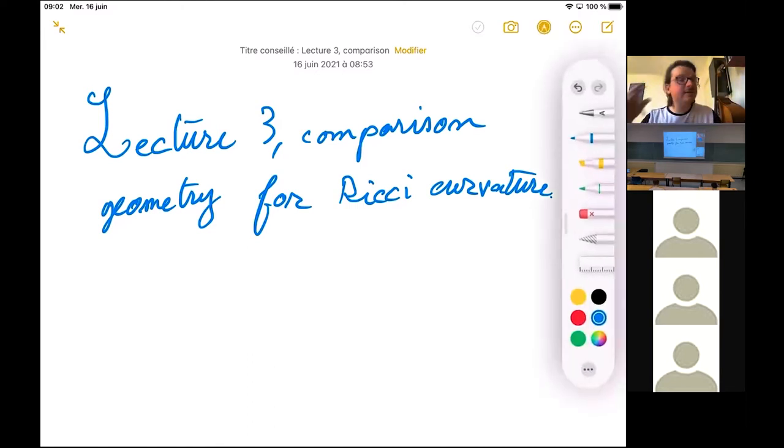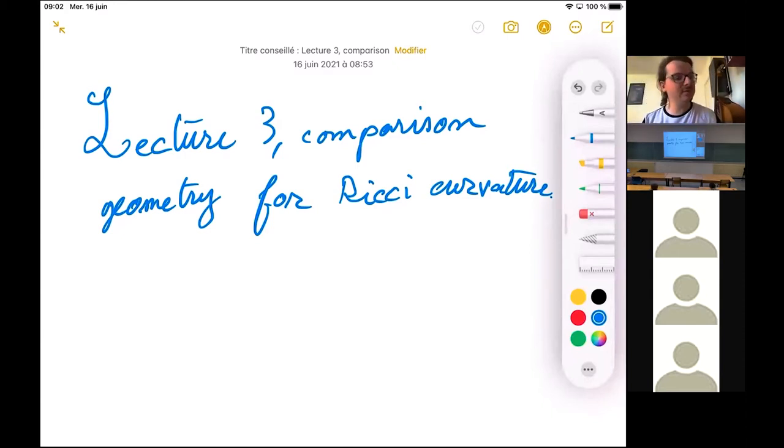Okay, so today we will be focused on comparison geometry again. Last time we explained how to do comparison geometry when you have an upper sectional curvature bound, so when you have a non-positive sectional curvature, that's the case where we did the proofs and so on.